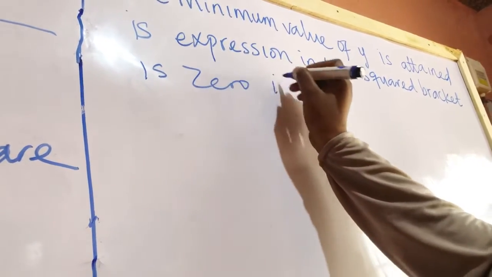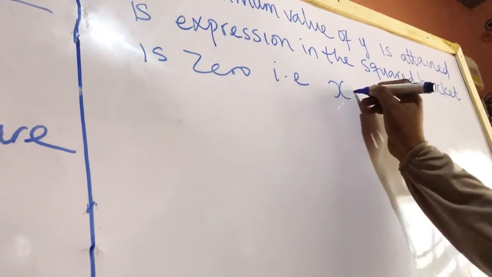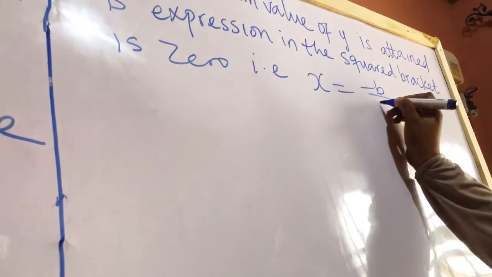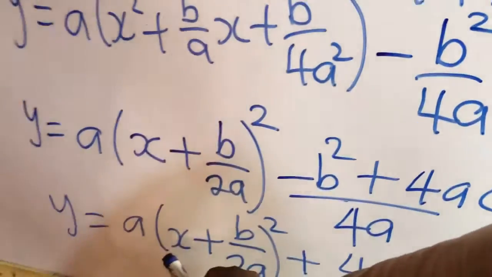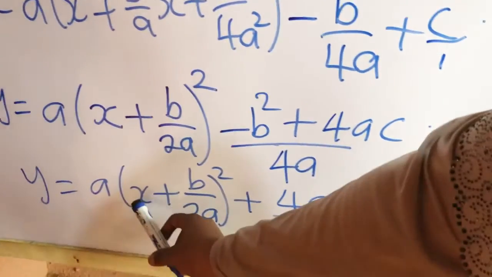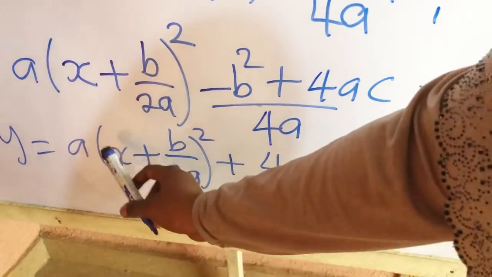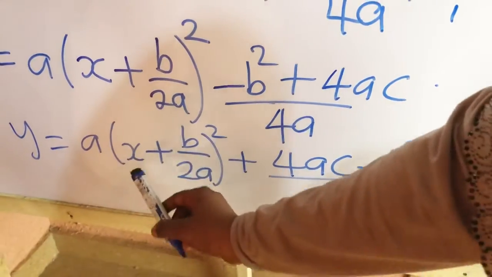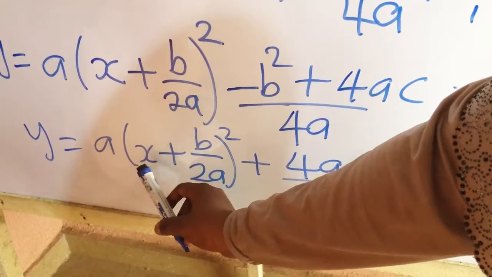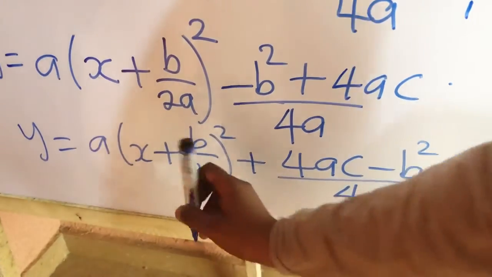That is when x is equal to minus b over 2a. If you check this expression very well, the expression in the squared bracket is x plus b over 2a. Now, this expression can only be 0 when x is equal to minus b over 2a.